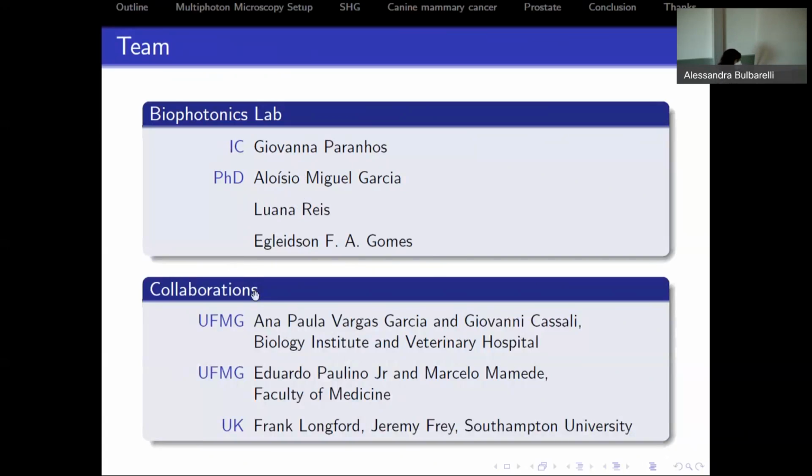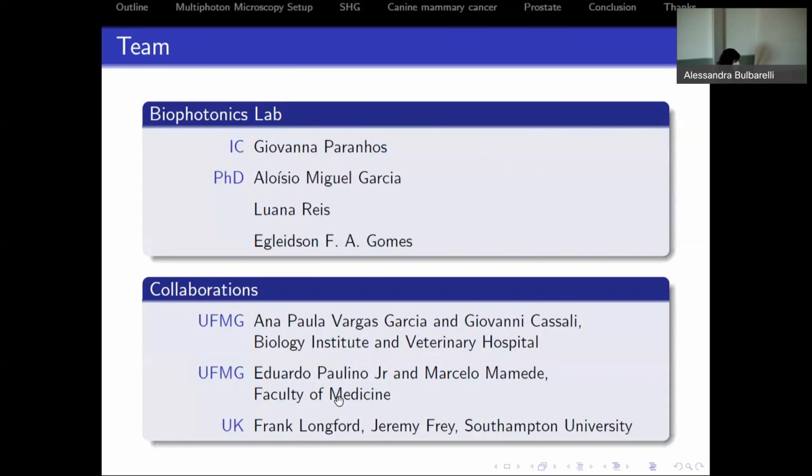And then the collaborations, because of course we do just the physics imaging part of the work. One of the works is going to be on mammary cancer in dogs, which is together with the people from the Biology Institute and the veterinary hospital.